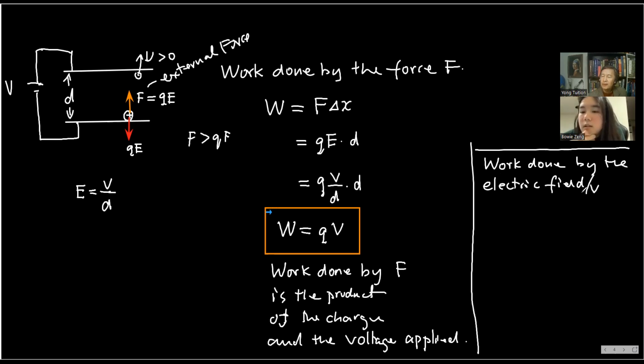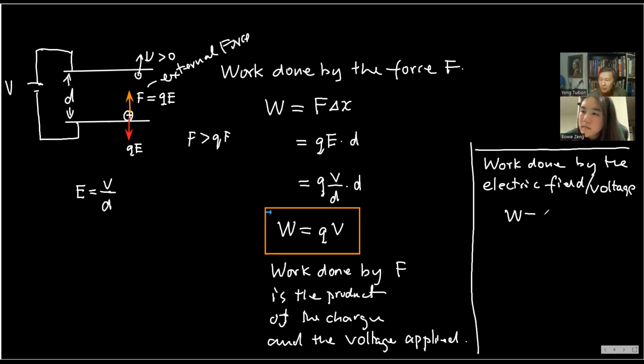If we consider work done by the electric field, we don't have to consider the minimum. That is exactly how much work is done, because that force is constant. We don't have to consider the minimum voltage.